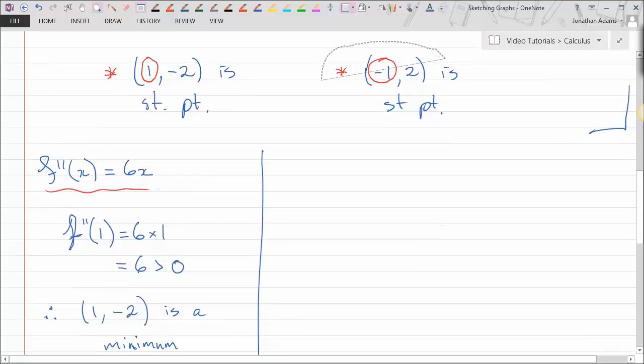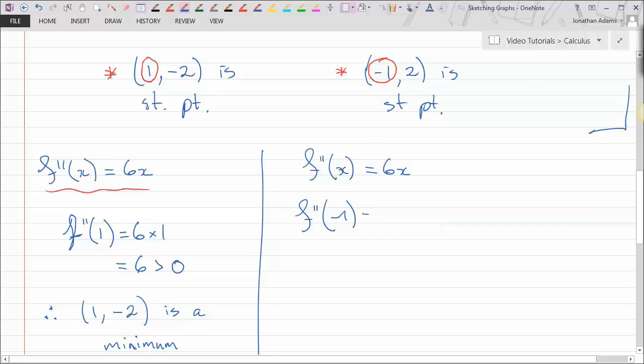Now we're going to classify our second stationary point. So we're going to think about our second derivative once more. Probably didn't need to write it out again, but I did anyway. For this stationary point, we're going to find f double dash of negative 1.